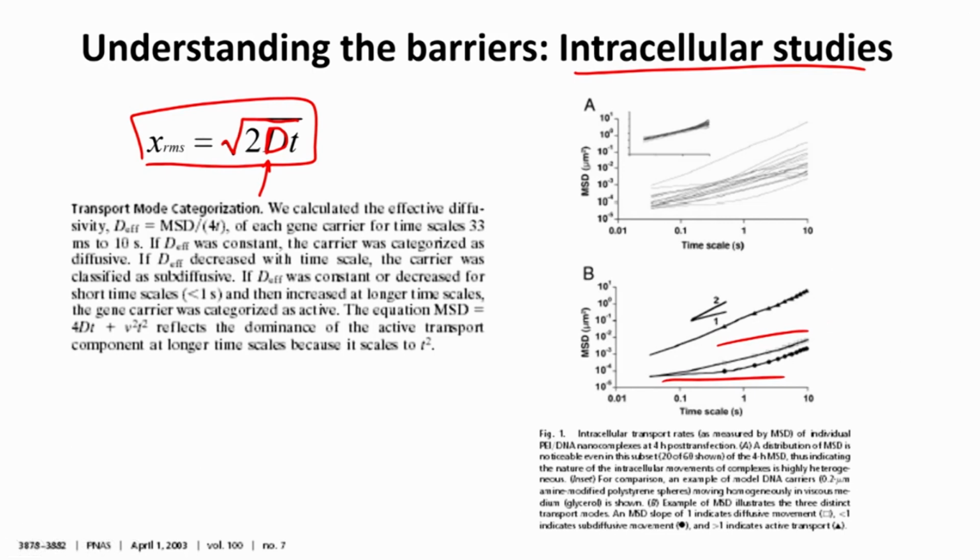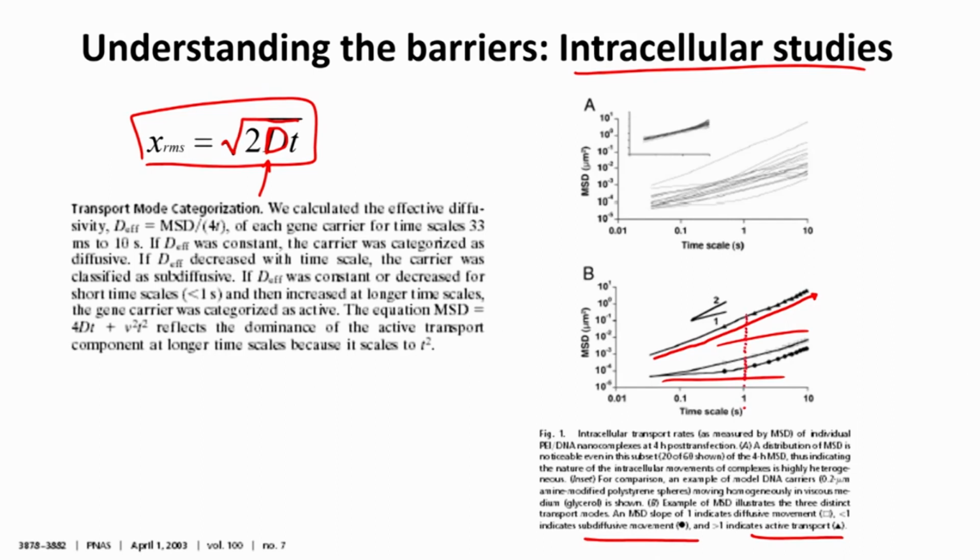If it is slow, it is subdiffusive, whereas if the slope is higher, it indicates active transport. If you have somewhat active transport, you see that the MSD, mean square displacement, is almost... Let us take the time of 1 second.